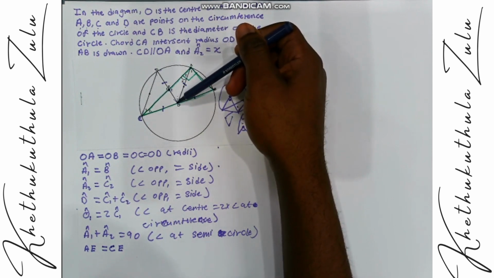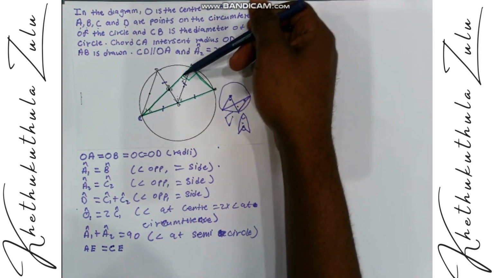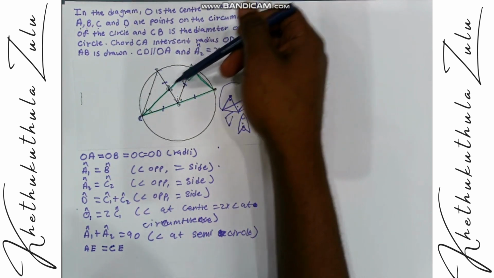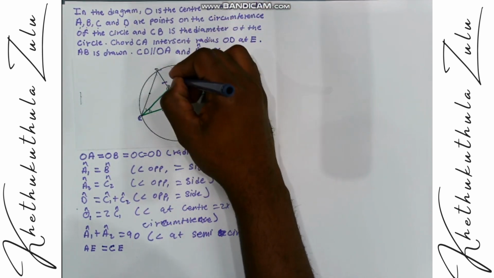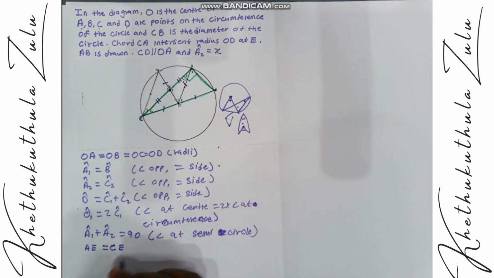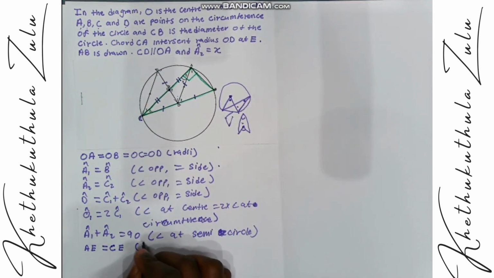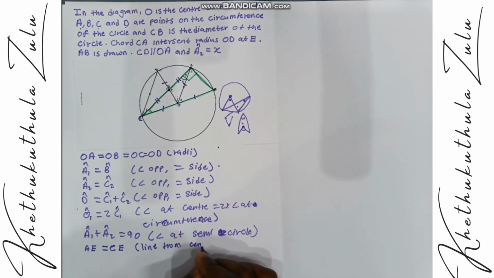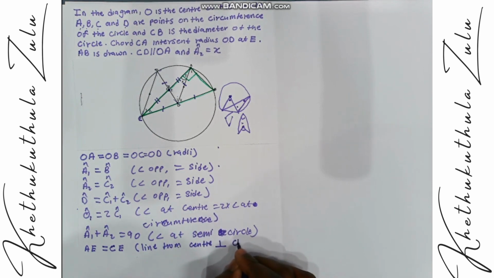So this makes this equal to this. What's the reason? A line from center perpendicular to what? To a chord.